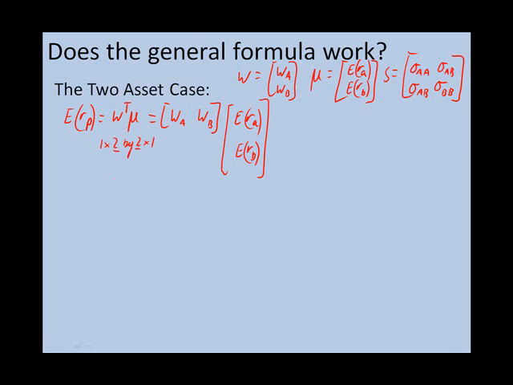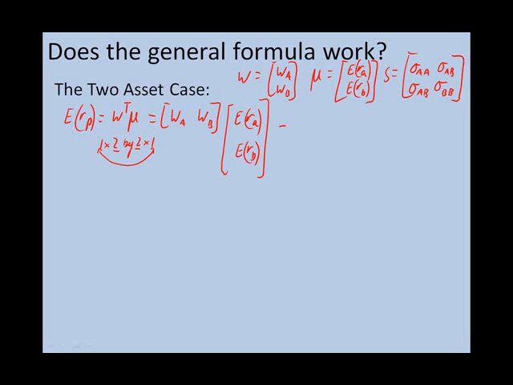So the number of columns in the first matrix matches the number of rows in the second matrix. The result of this matrix multiplication is going to be a 1 by 1 matrix. You can see that here, which is what we want. We want the expected returns. It should be a 1 by 1 matrix.